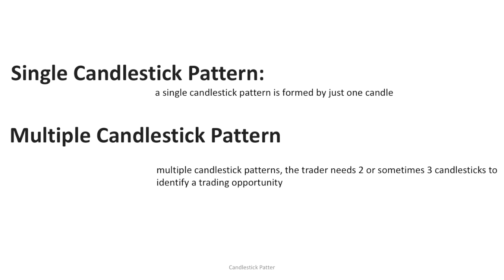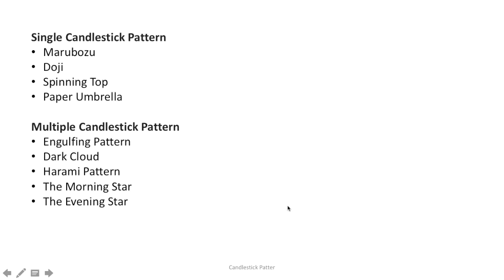A single candlestick pattern is formed by just one candle, while a multiple candlestick pattern is formed by multiple candlesticks. It may be two or three, but the minimum is two candles. There are different types of candlestick patterns available.